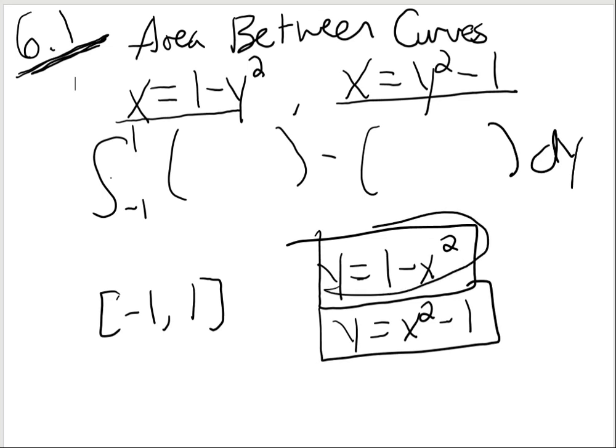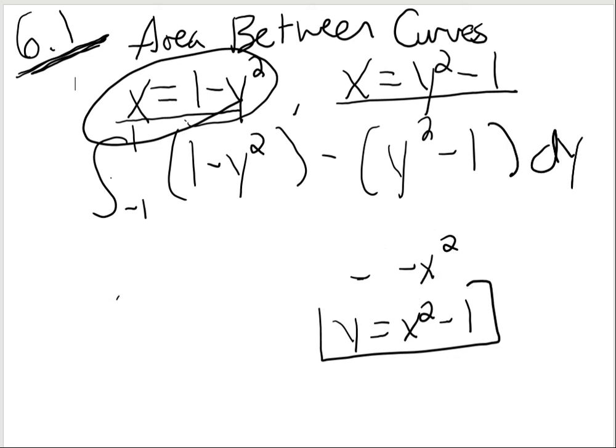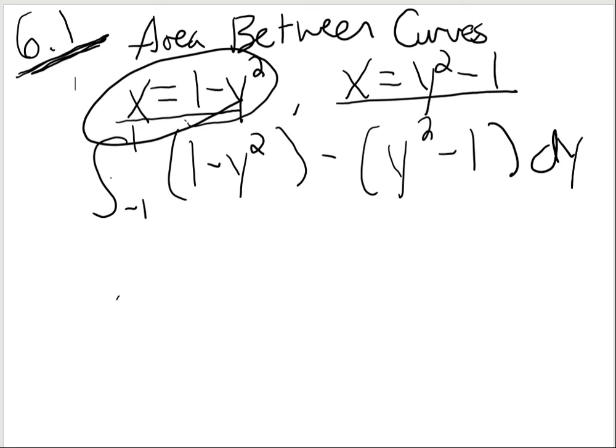Well, since this one's on the top, this one will lie to the right. So this is where we put it, 1 minus y squared, and then y squared minus 1. And you could go on to Desmos and verify, but that is one of the ways you can think about it.